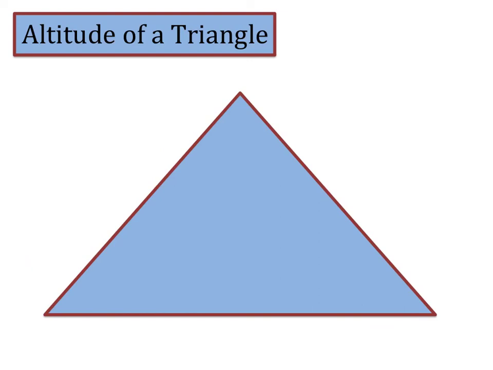The altitude of a triangle is a perpendicular segment from a vertex to the line containing the opposite side. So we were learning about medians and centroids before. Now we're going to learn about the altitude of a triangle. So the altitude of a triangle is a perpendicular segment.